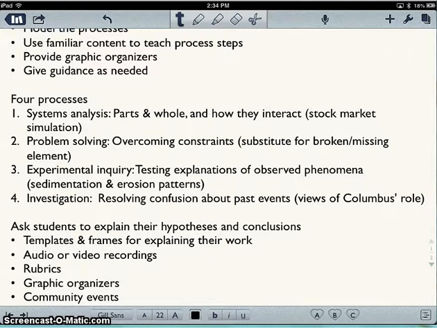So an example of that might be a weather or an environmental observation where you're looking at erosion patterns and predicting what water is going to do in a given landscape, that sort of thing. And then finally, investigation. So this might be something where you're trying to solve a mystery.